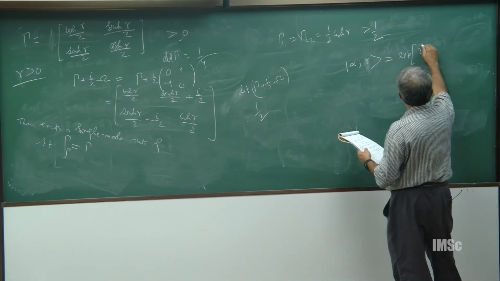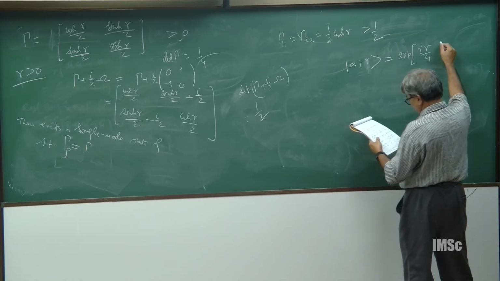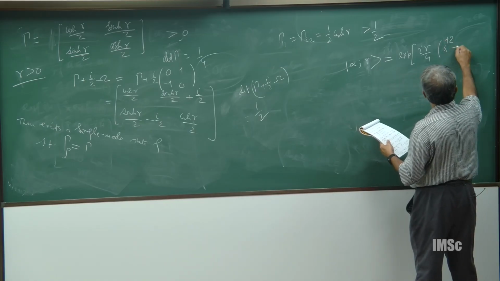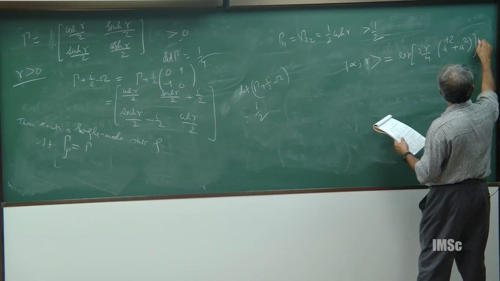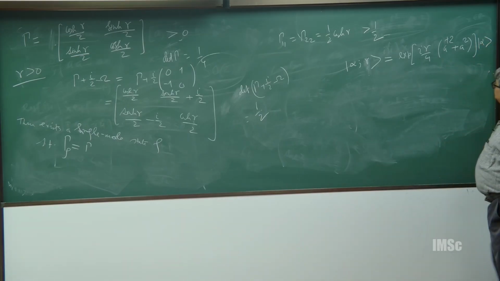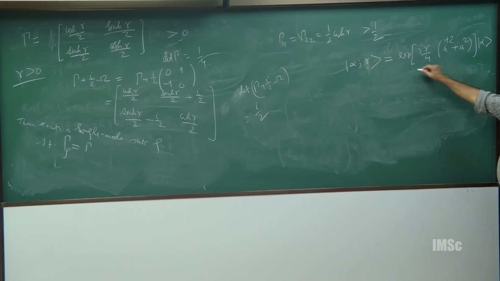So, this is iota r by 2 times a dagger squared plus a squared acting on the coherent state alpha. Okay. So, this is the squeezed coherent state.